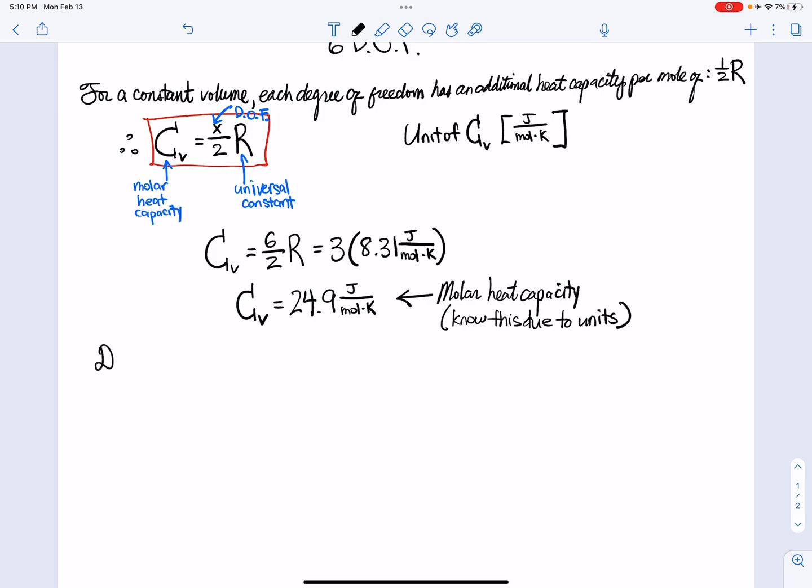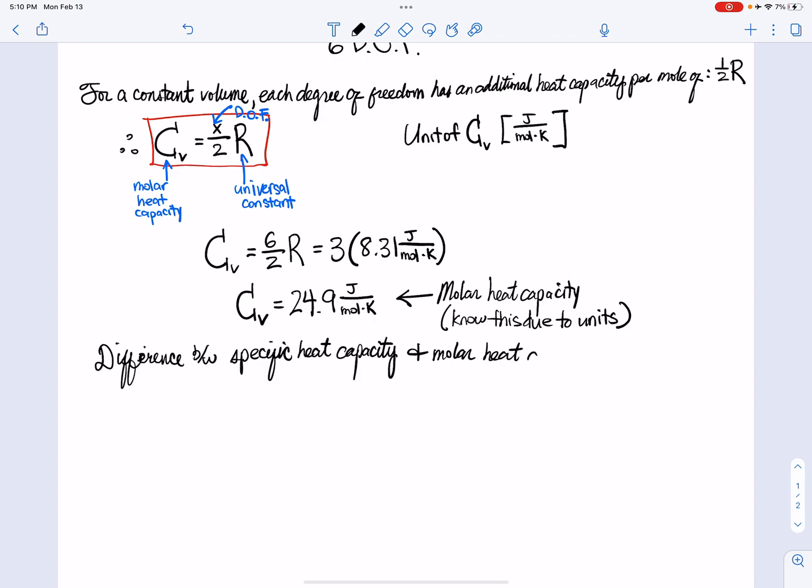The difference between specific heat capacity and molar heat capacity.